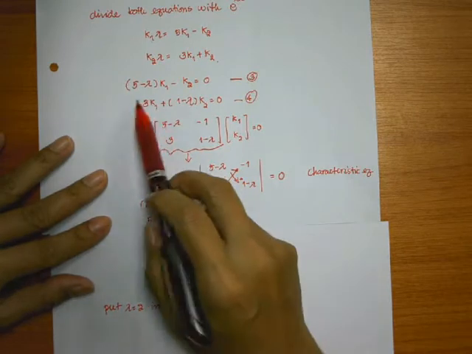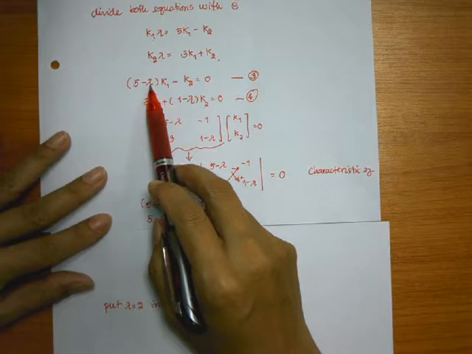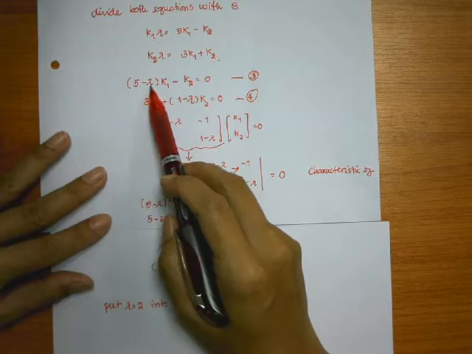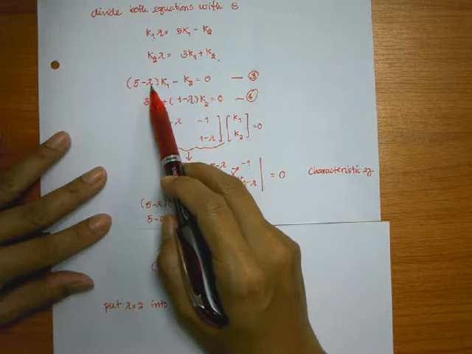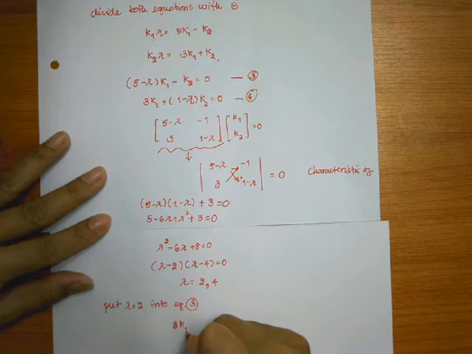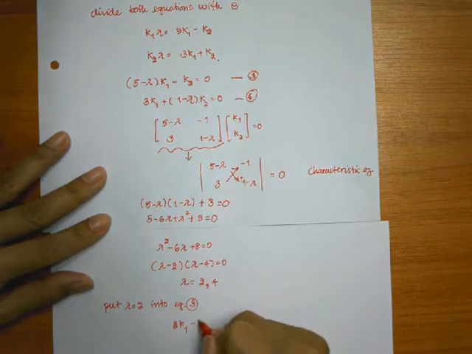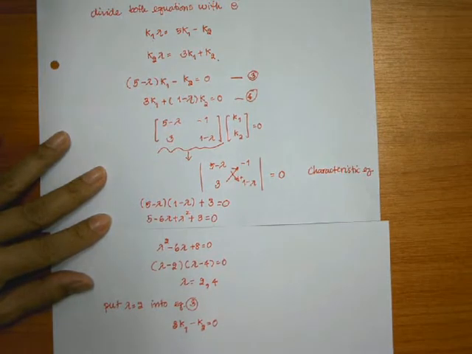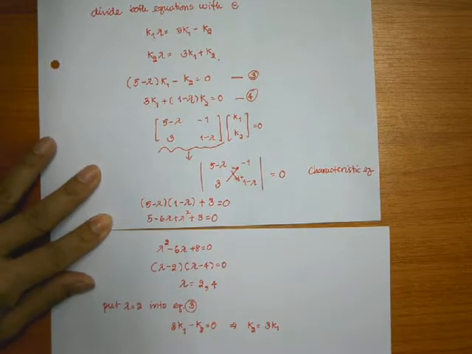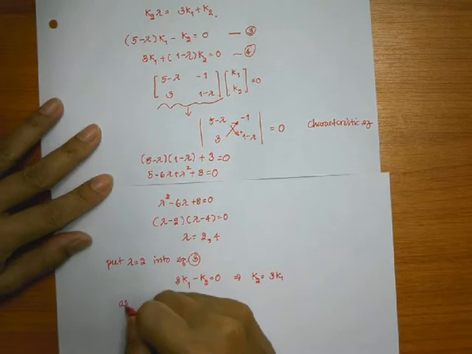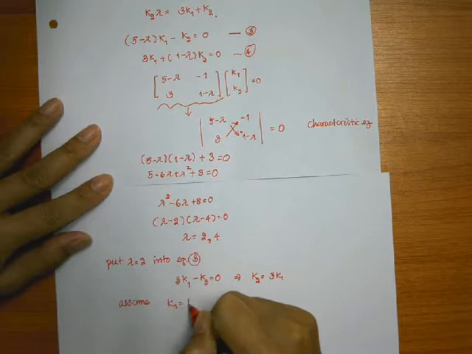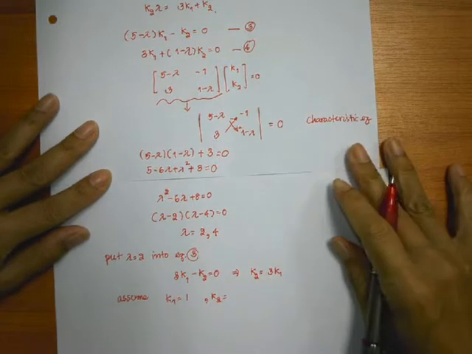So when you put lambda equal to 2 into equation 3, you would get 5 minus 2 equal to 3, so 3 k1 minus k2 equal to 0, or you can say that k2 equal to 3 k1. So assume k1 is equal to 1, then k2 equal to 3.